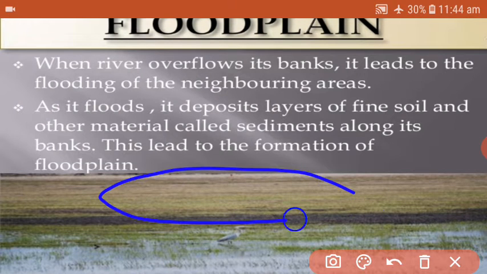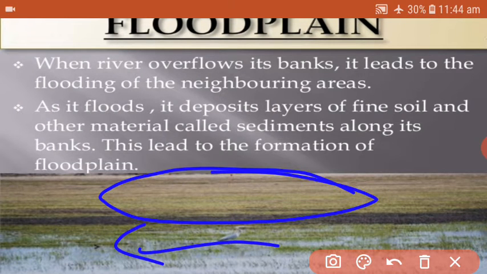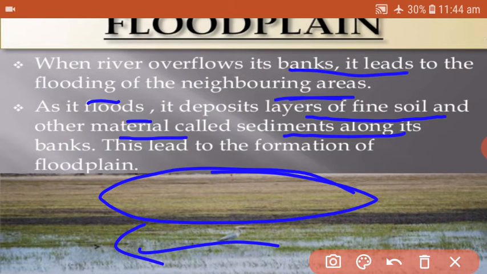These are very close areas to the flowing river, and when it overflows its banks, it leads to the flooding of the neighboring areas. And as it floods, it deposits a layer of fine soil and other materials called sediments along its banks, and these lead to the formation of the floodplain. So because of the flood on the plain, that creates the floodplain.